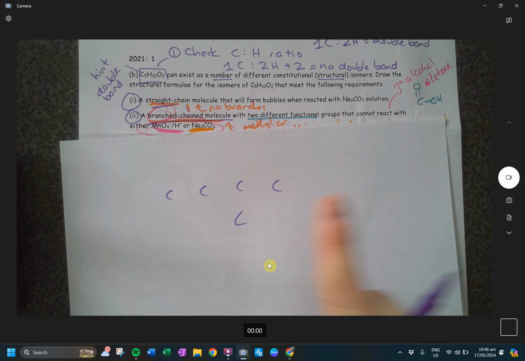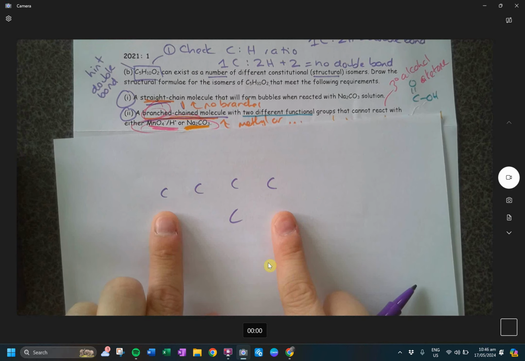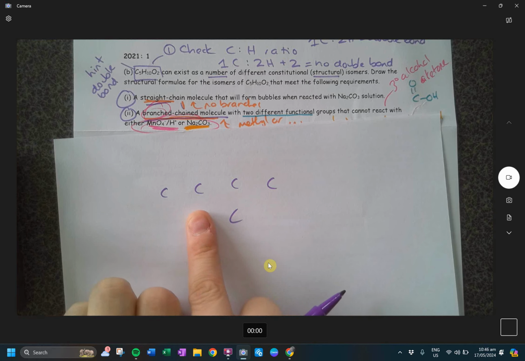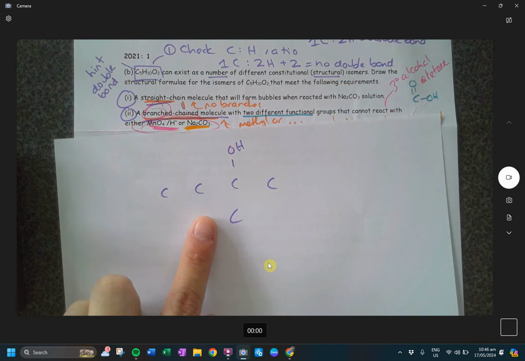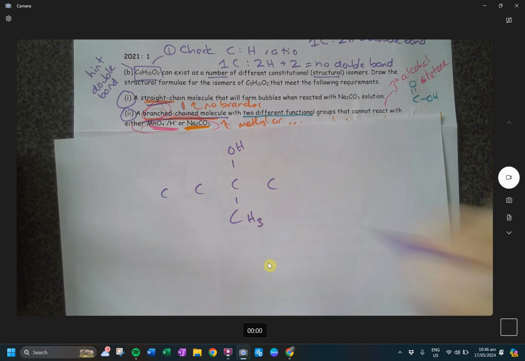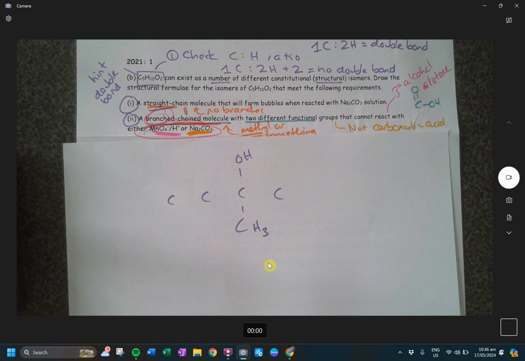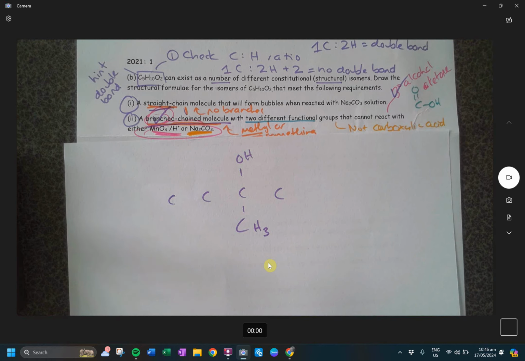So that tells me you don't have the alcohol on this carbon or this carbon, because if it's on either of these 2 carbons, it's primary. If it's on this carbon, it's secondary. So it must be on this carbon here. Now I've ticked 2 of my requirements. I've gotten it branched, and I've gotten the tertiary alcohol.